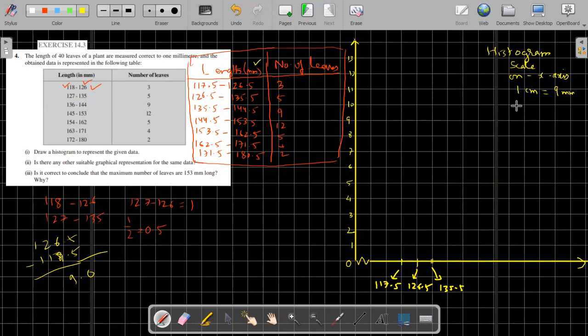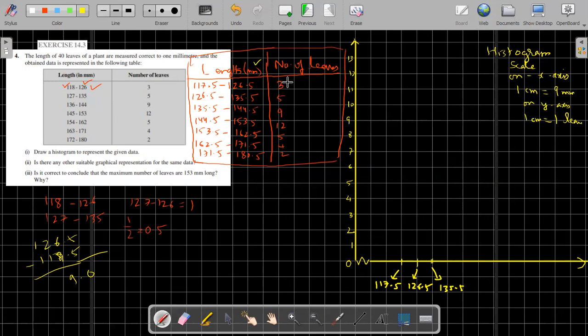And on the y-axis, 1 centimeter is equal to 1 leaf. Okay, so like this you should tell. You should write the scale also, and here you can write the histogram.